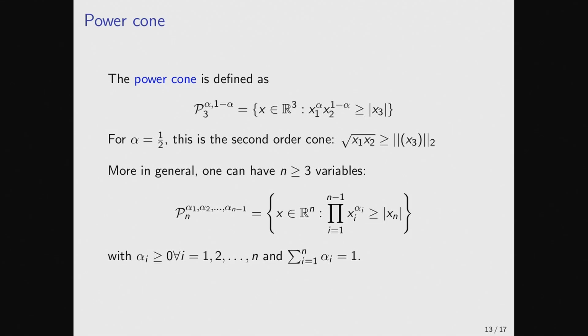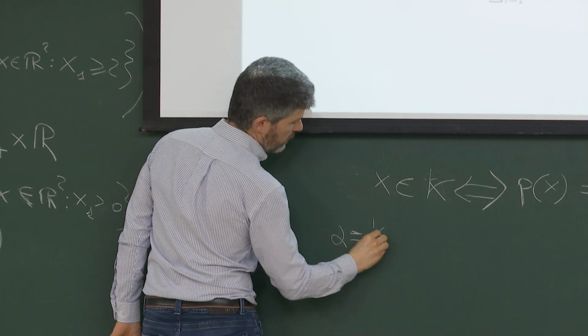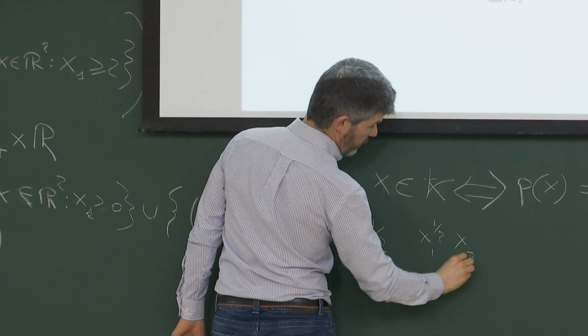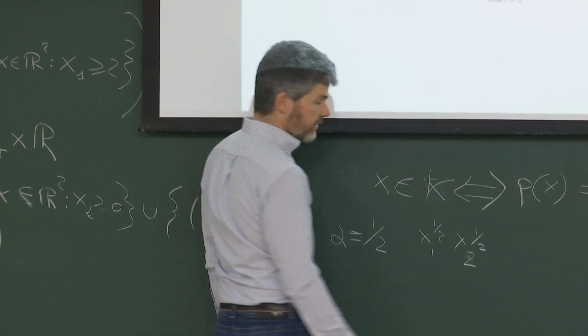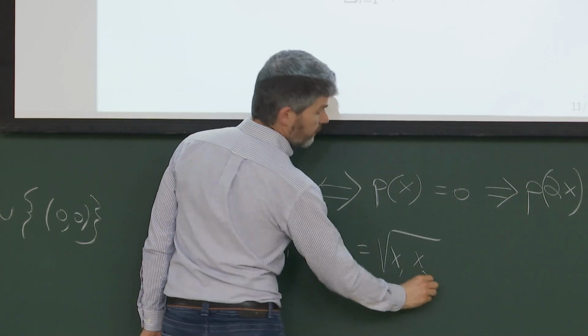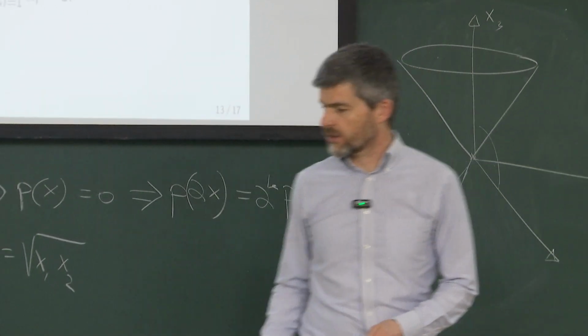And this is a generalization because in the case of the second order cone, you have alpha equals 1/2. And so x1 to the 1/2 times x2 to the 1 minus 1/2, which is still x2 to the 1/2, means this is the square root of x1 times x2. So for alpha equal to 1/2, you get back the rotated second order cone.